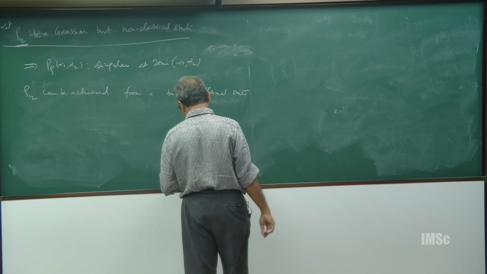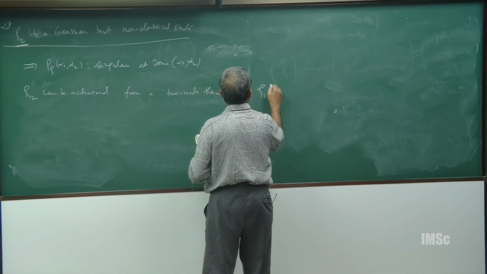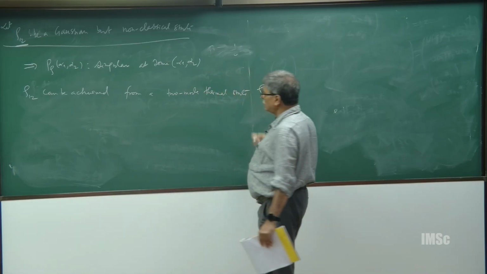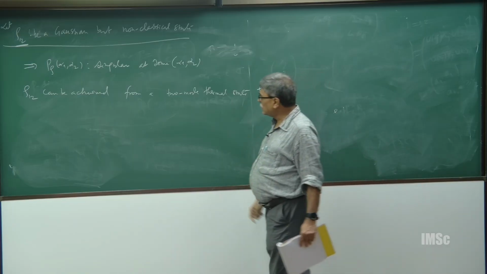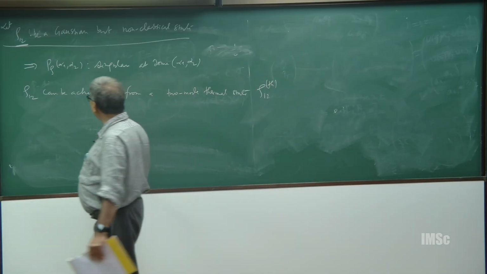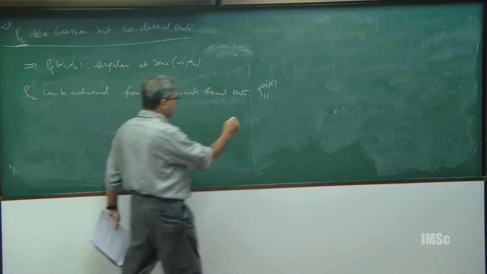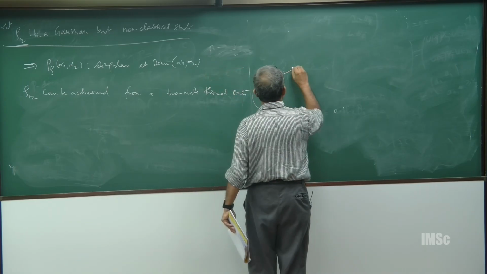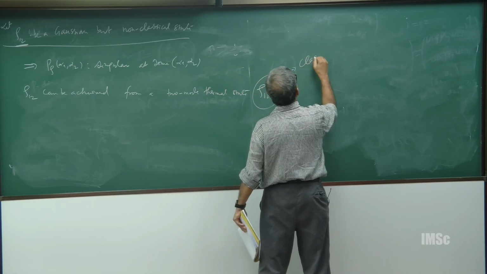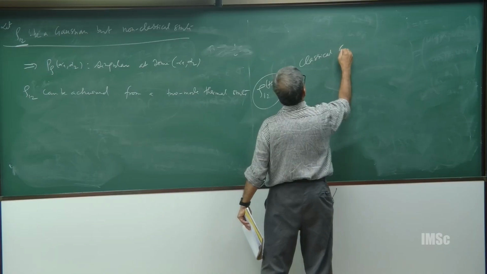Let us call it rho 1 2 thermal. Any such non-classical state, you can achieve from a 2 mode thermal state. This state is classical Gaussian.